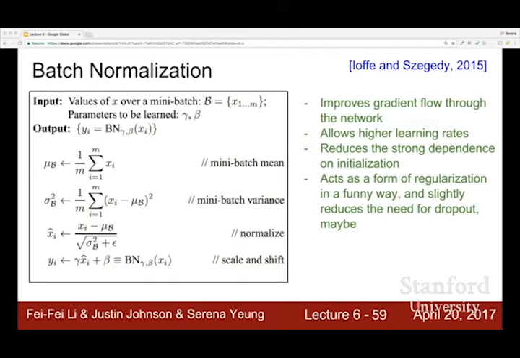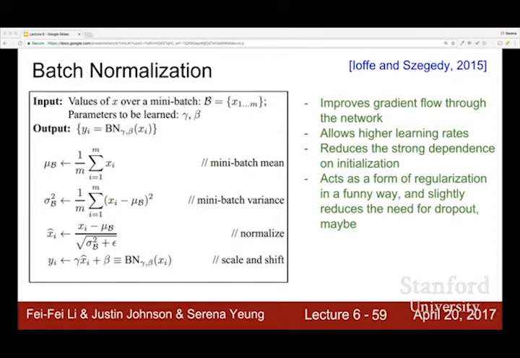And then also one thing that I just want to point out is that you can also think of this as, in a way, doing some regularization, right? Because now at the output of each layer, each of these activations is an output of both your input X as well as the other examples in the batch that it happens to be sampled with, right?